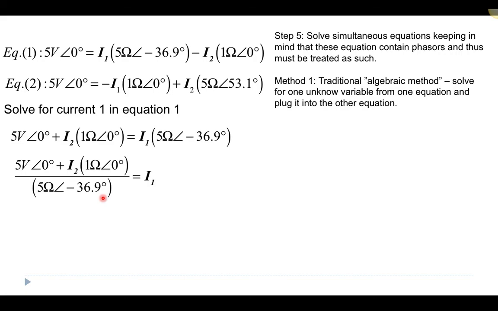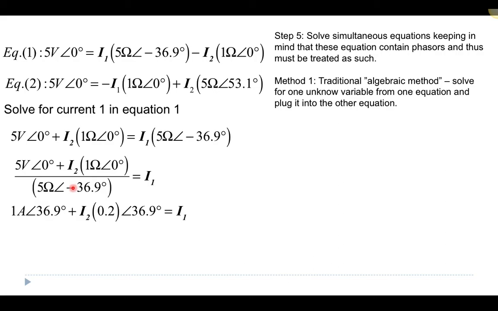In order to do that, I can divide each term. So 5 volts, angle of 0, divided by 5 ohms, angle of minus 36.9. 5 over 5 gives me 1. And then 0 minus minus 36.9 gives me 36.9. Plus I2, 1 over 5 is 0.2. Ohms over ohms, no units.